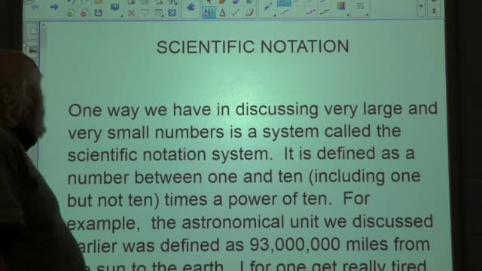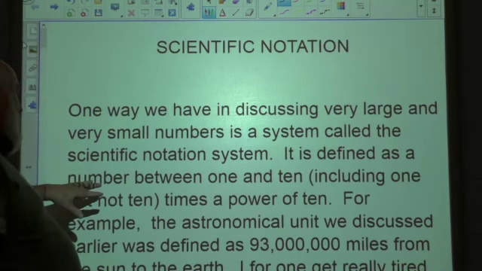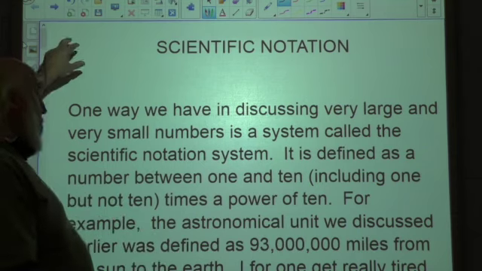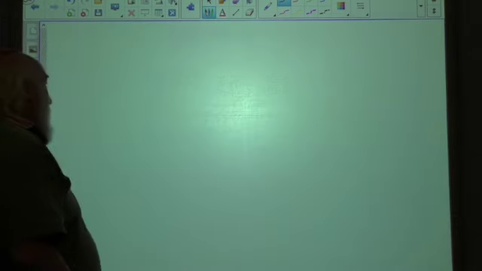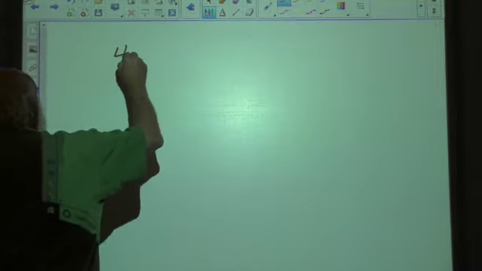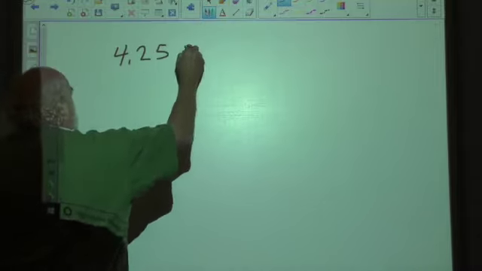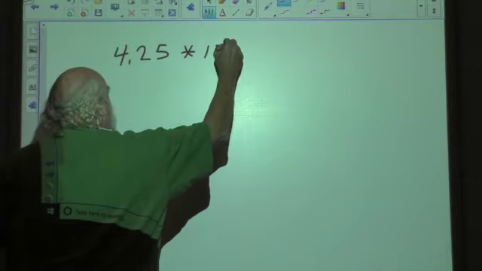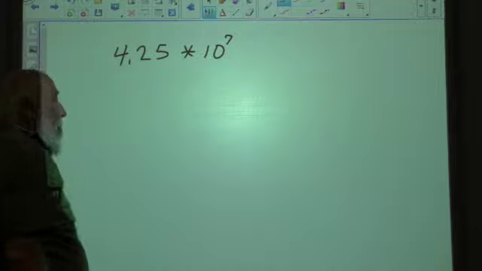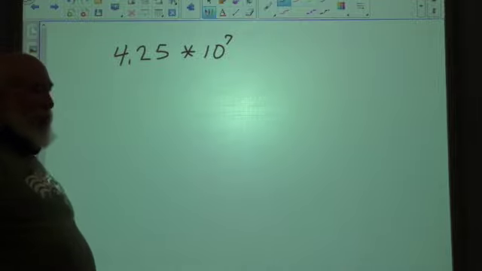All right? And the basic idea of this is that you have a number between 1 and 10 times a power of 10. And what I mean by that is, this is an example of scientific notation. 2.5 times 10 to the 7th.